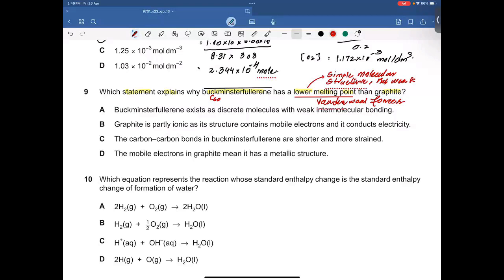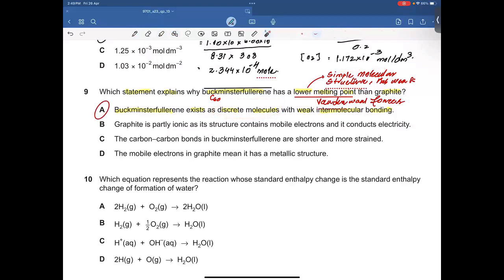All right. So option A, Buckminster fullerene exists as a discrete molecule. That's exactly the statement, that it has a simple molecular structure with weak intermolecular forces, with weak van der Waals forces. I think A is going to be the right answer.